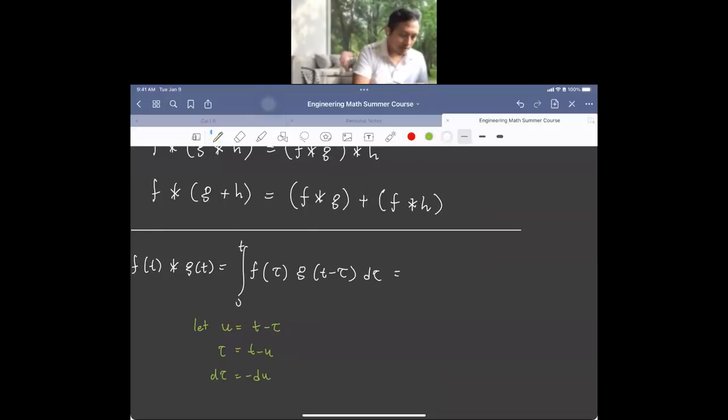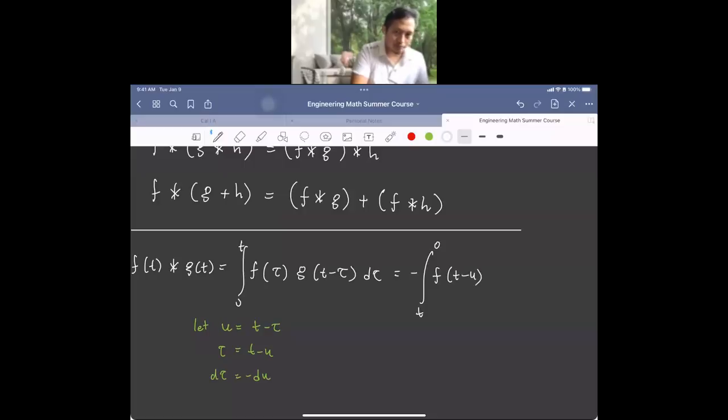Now we can exchange this and make it negative. Because we changed to u, where u is t minus tau, the limits will be 0 to t.